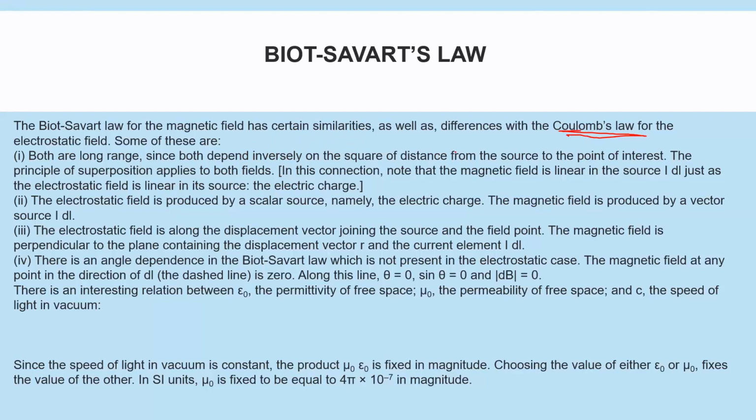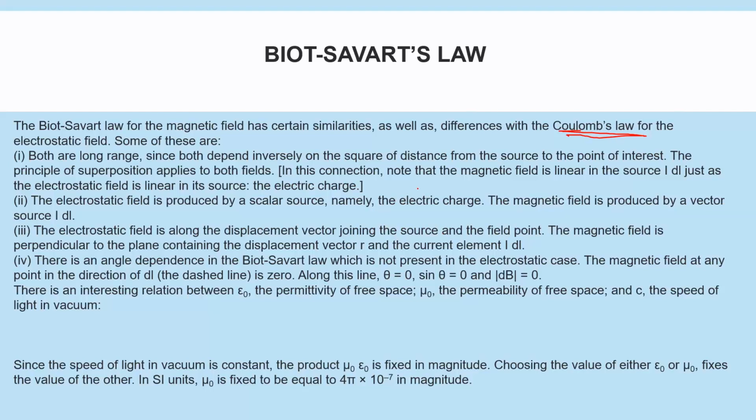On the square of the distance from the source to the point of interest, if it is at infinity, we can see that there is not much effect. We can also see that the principle of superposition applies to both the fields.